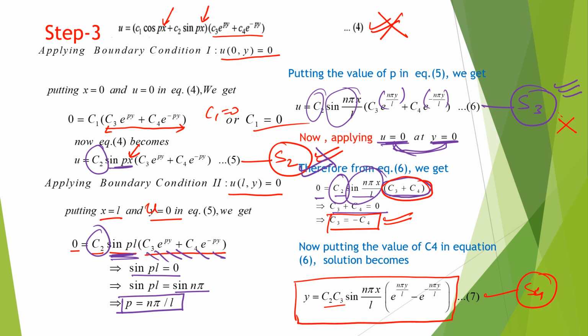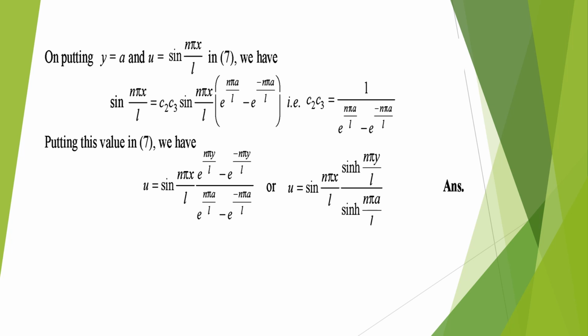Now all the boundary conditions are used, only one boundary condition is remaining, that is when y is equal to a, u is equal to this. That means the value of u is sin n pi x by L when y is a.